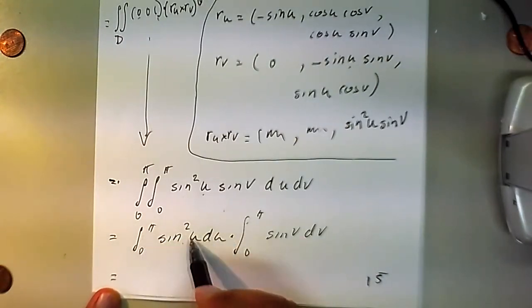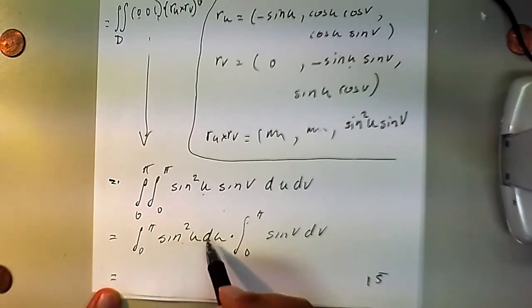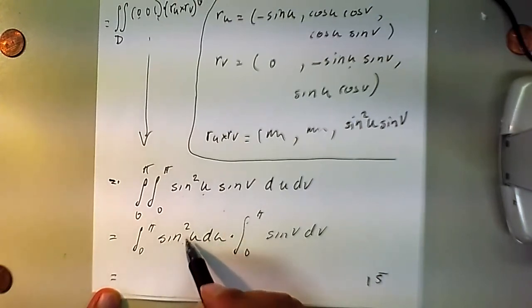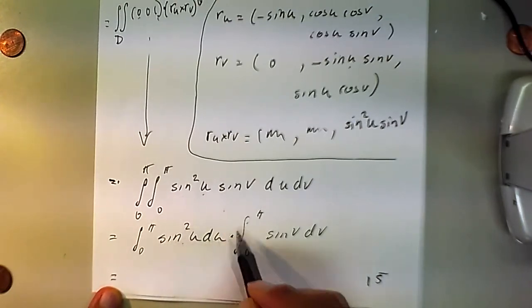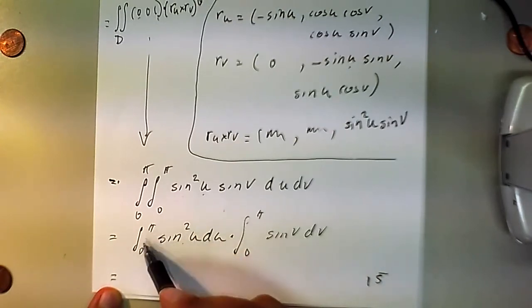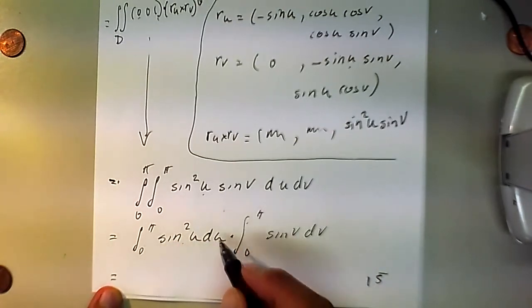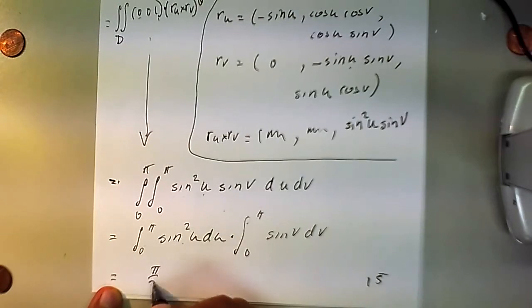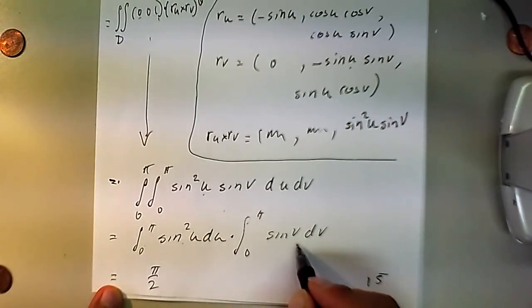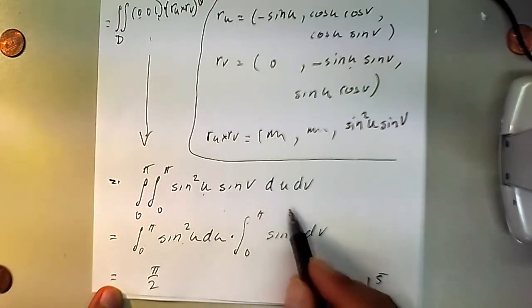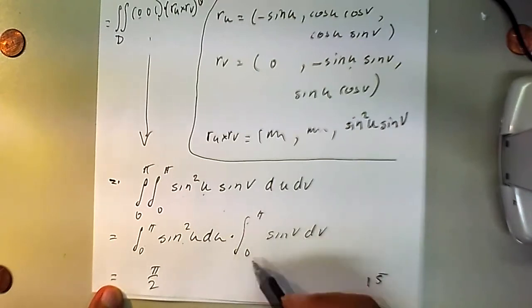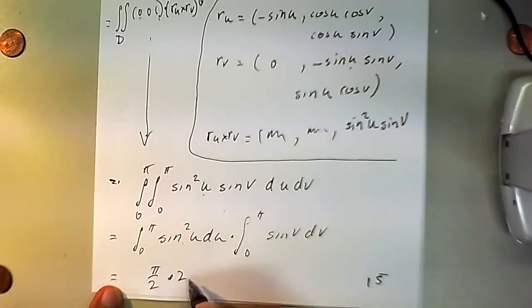I'll let you do that, but remember, sine squared is (1 minus cosine of 2 theta) over 2. So there's the 1/2, and the cosine part is going to end up being 0, so we're going to end up with pi over 2. Here, we're going to have negative cosine, but we start at pi, so that is negative of negative 1, which is 1, but then we subtract negative 1, so we're going to have 2.